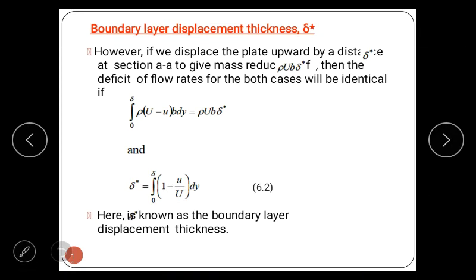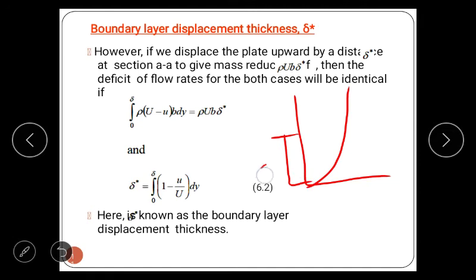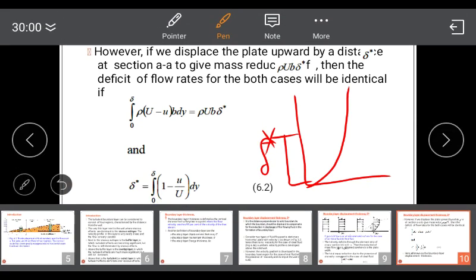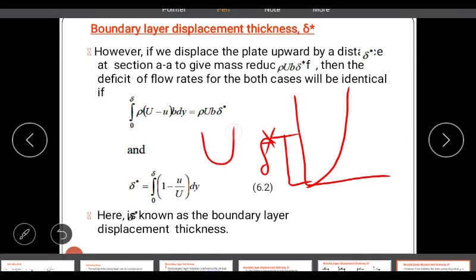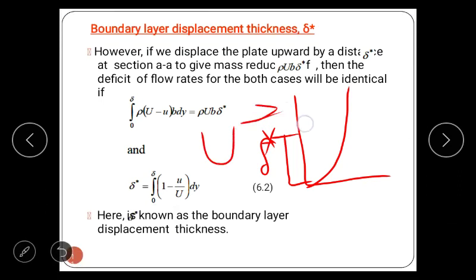Suppose at any distance we show delta star, and this U is the free stream velocity, and at this instant there is velocity small u, and this is x and this is y.